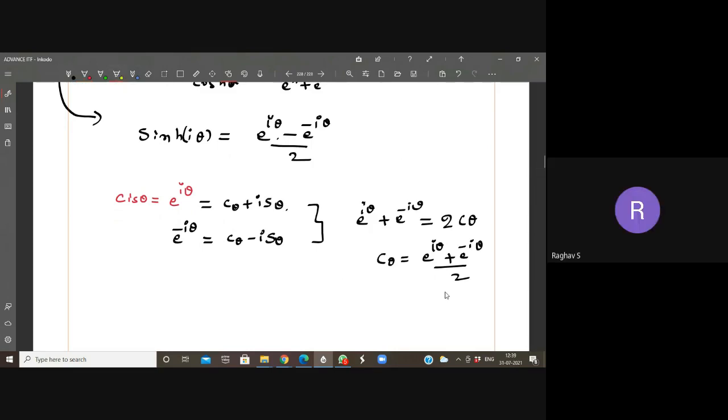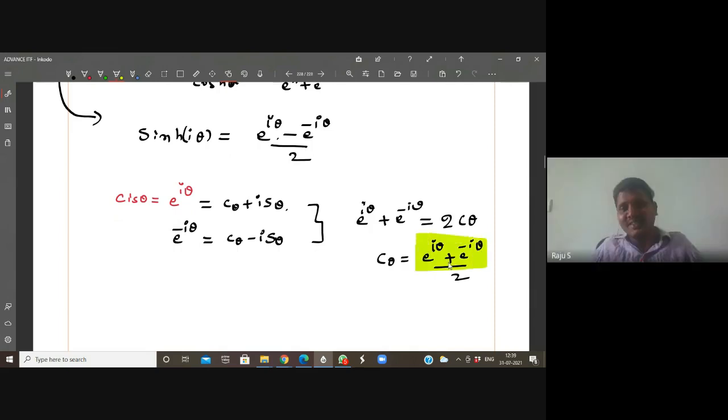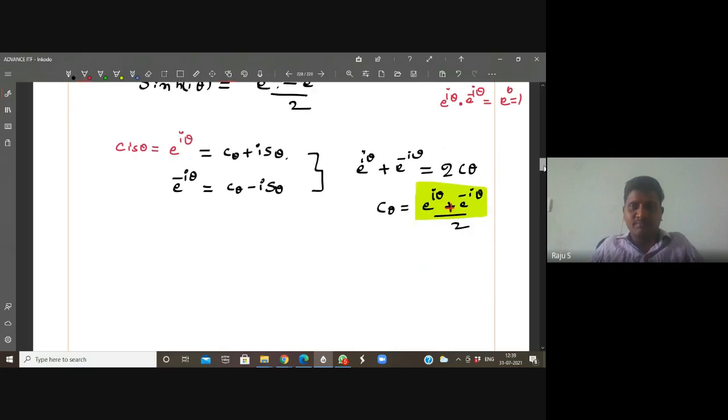No, we can't, because that is addition. Only for multiplication can we add powers. If it were e^(iθ) into e^(−iθ), you could add the powers, getting e^0, that is 1. But the plus is there in between, so we cannot simplify.